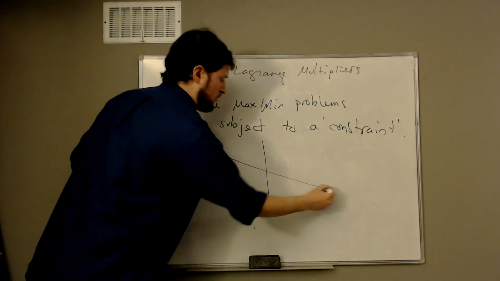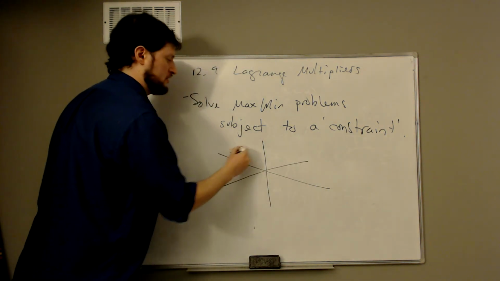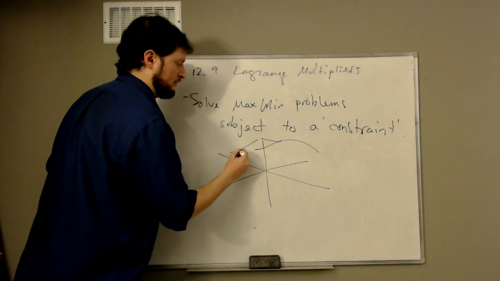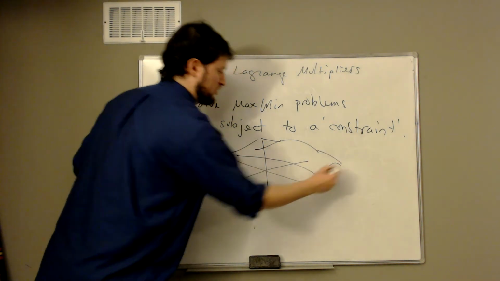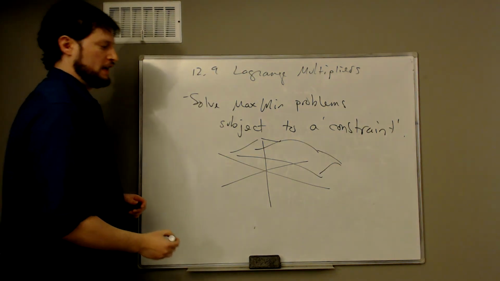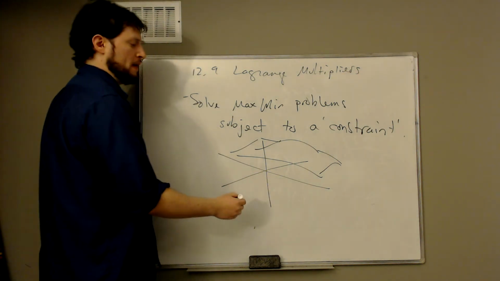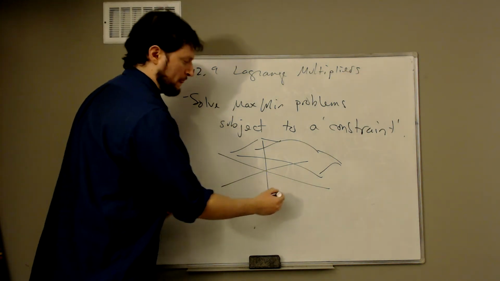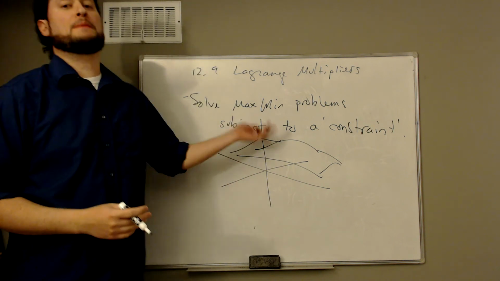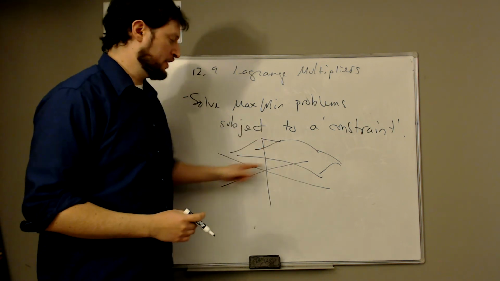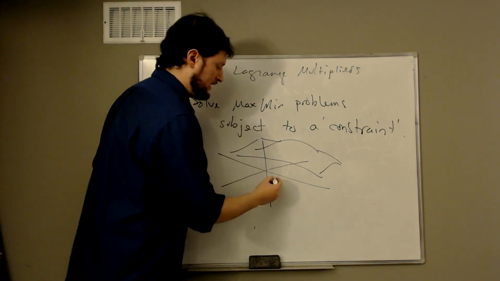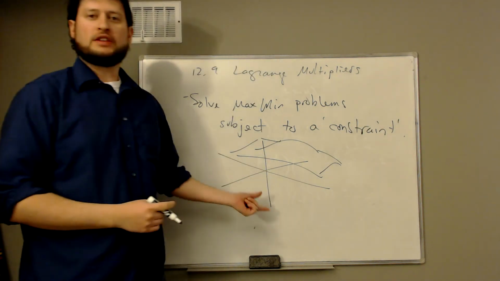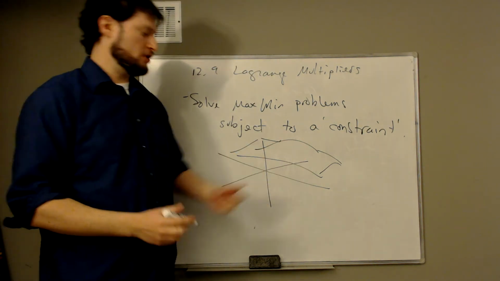All right, so let's say that we got our favorite starting picture. We've got some function that makes some surface. Suppose that this function is something like temperature on the xy plane. So at any given point on the xy plane, this height tells me the temperature at that point.